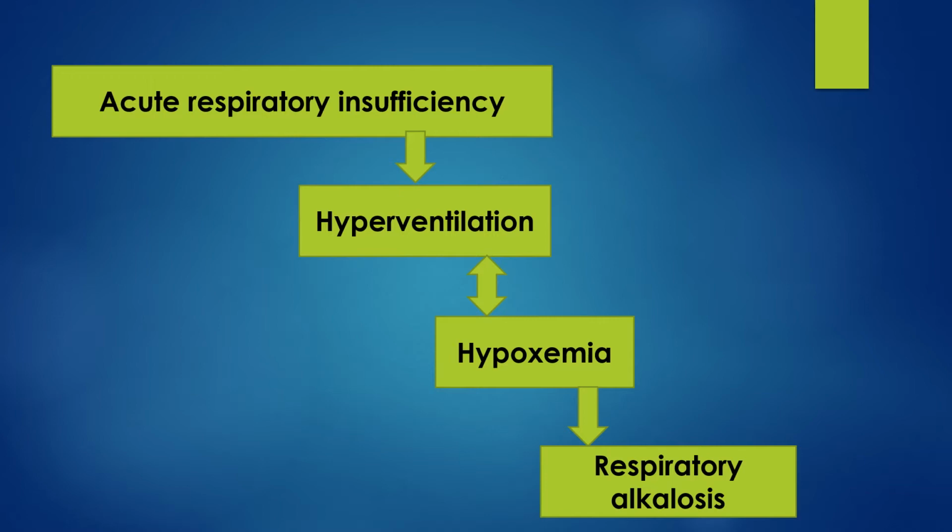If acute respiratory failure is accompanied by hyperventilation, it results in development of the hypoxemic type, and respiratory alkalosis develops due to hyperventilation. Thus, during hyperventilation, carbon dioxide is rapidly excreted through the lungs, and kidneys can't compensate acid-base balance for a short time.